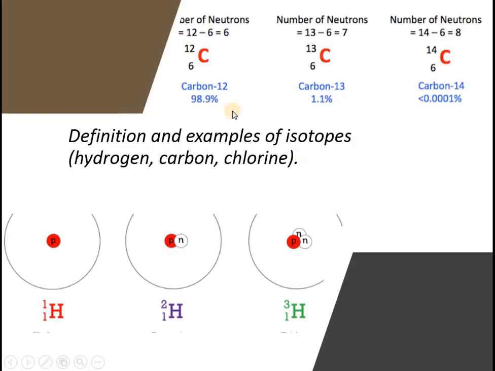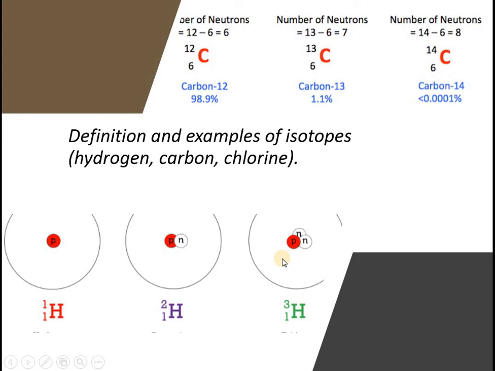Next, you have isotopes. Isotopes are atoms which have the same atomic number but different mass number. As per syllabus, you have hydrogen, carbon and chlorine. First we will see hydrogen. Hydrogen has 3 isotopes: protium, deuterium and tritium.